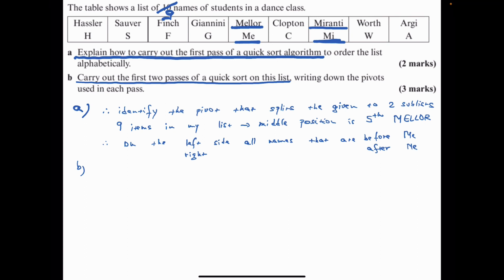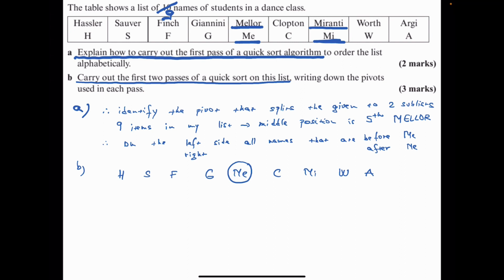So you just write H, S, F, G, M, E, C, M, I, W, and A. And then identify the pivot, what we said is ME, and I'm writing all the names that come before ME, so before M. Again, it's a good idea to be quick with the alphabet, but if not, you have to say in your head A, B, C, D, and so on, okay?